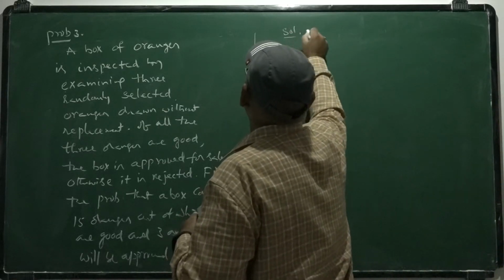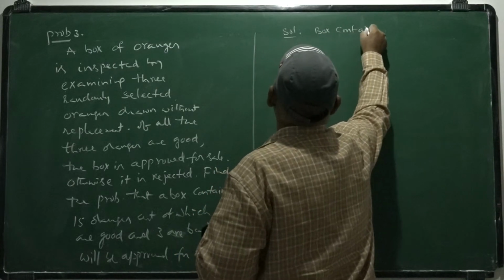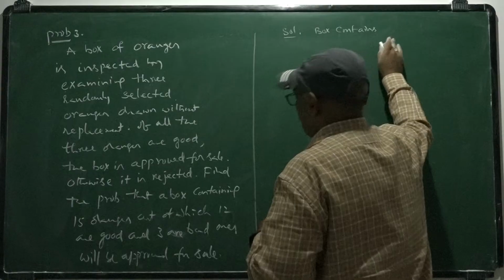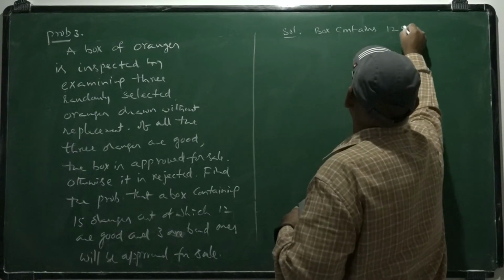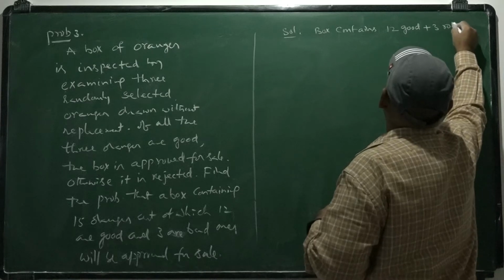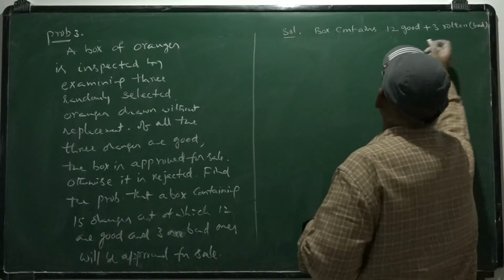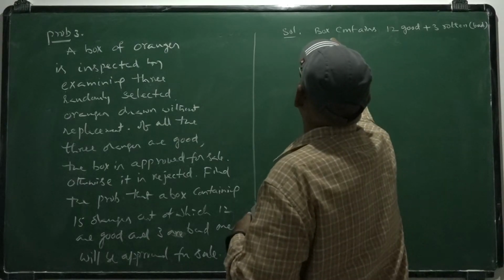So the box contains 12 good plus 3 rotten, that means bad oranges.